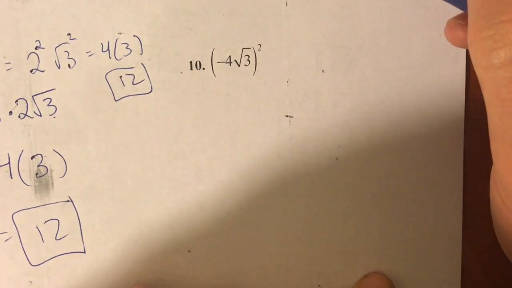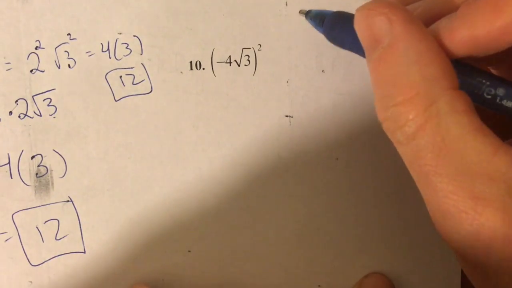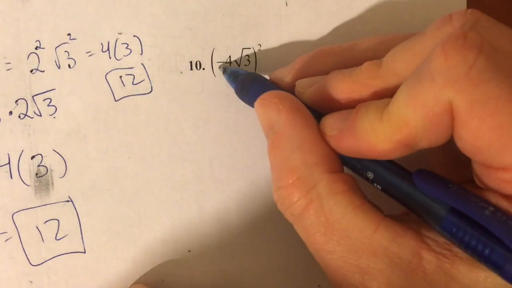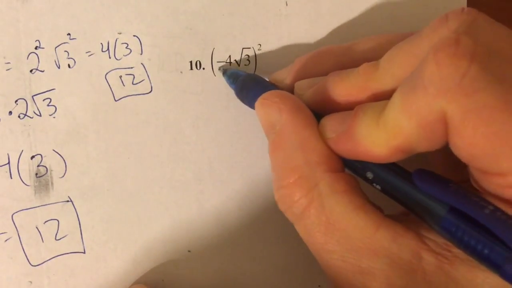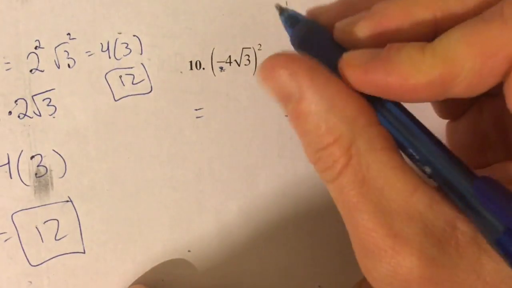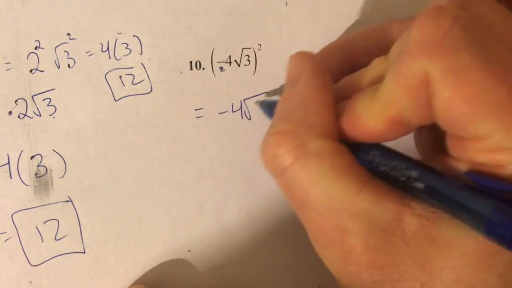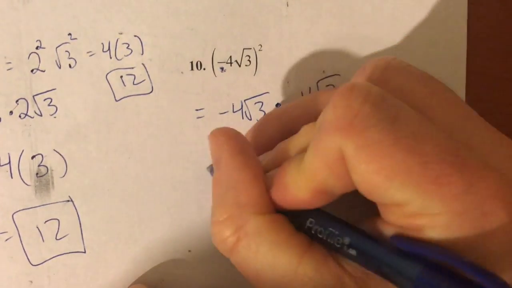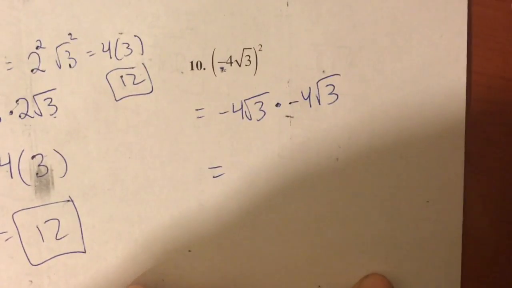Negative 4 root 3 squared. Now, come on, you can't make this mistake at this point where we're almost to June here in Algebra 1. If you square a negative number, and that negative's on the inside of the parentheses, is your answer going to be positive or negative? And if you're thinking negative in your head right now, then shame on you, but don't tell anybody.